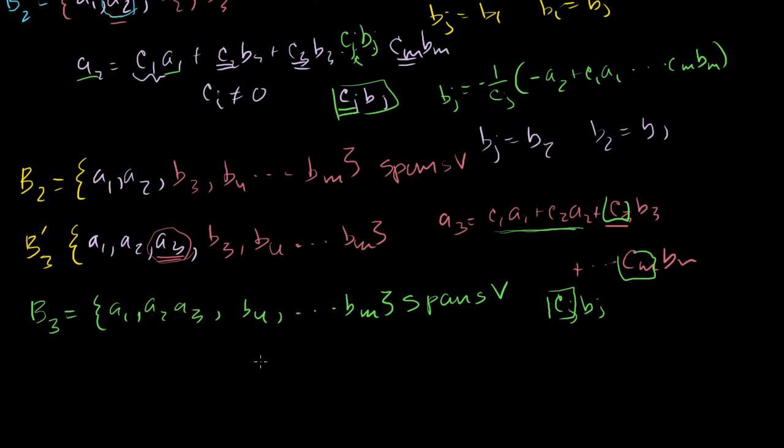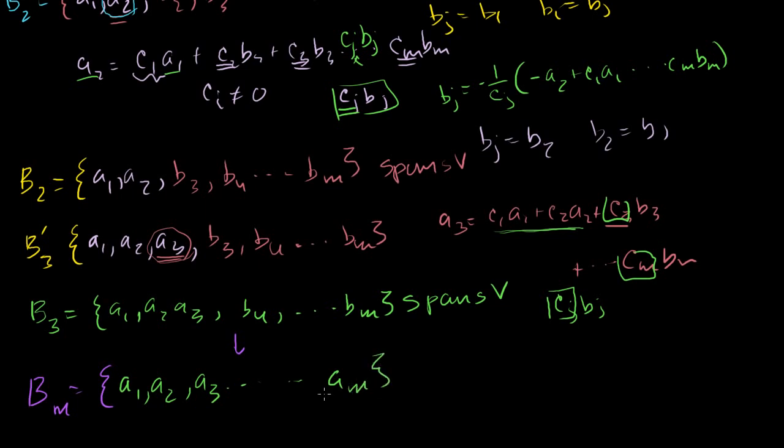So what's going to happen eventually if I keep doing this process over and over again? Eventually, I'll replace all of the b terms, so I'll have a set where I will have replaced each of these with an A. So I'll have a1, a2, a3, all the way to am.